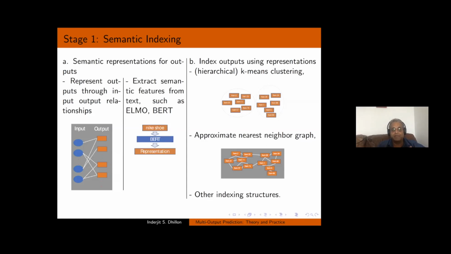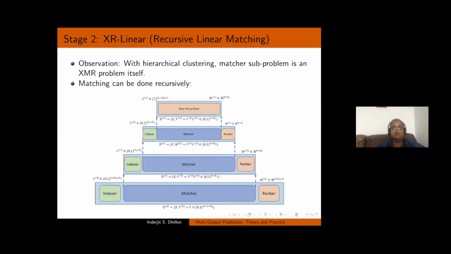And the goal of this step is to enable us to go, given an input, from millions of candidate possibilities to a few thousand candidates. Okay? And the question is now, how do you go from the million possibilities to a few thousand candidates?